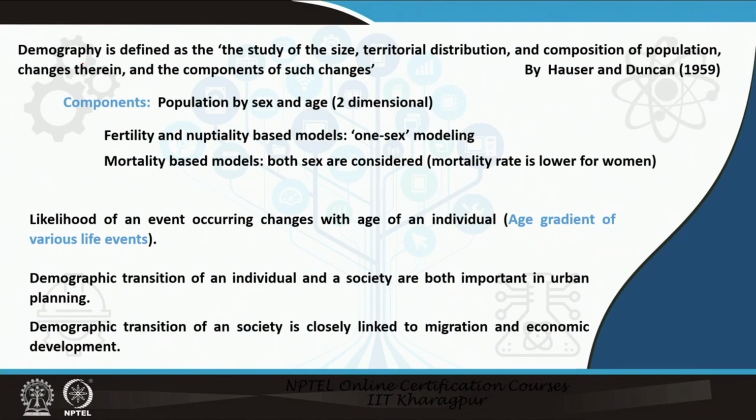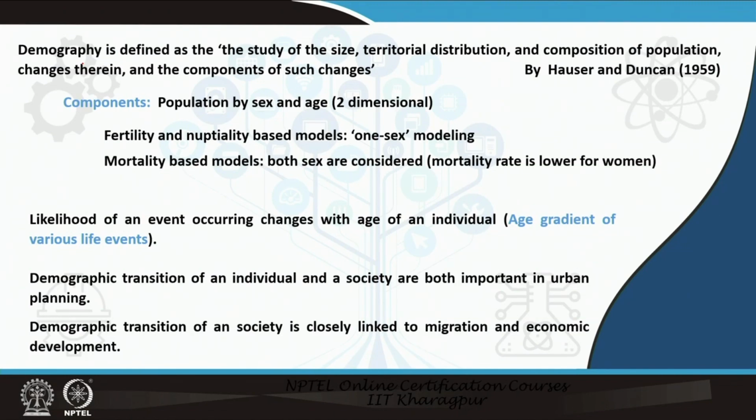There are different ways to model this change, and we can go for one-sex modeling, where we consider fertility and nuptiality of women, and we can say the amount of new births based on marriages of women, and from that we can estimate the new population that will determine the growth of that particular area.